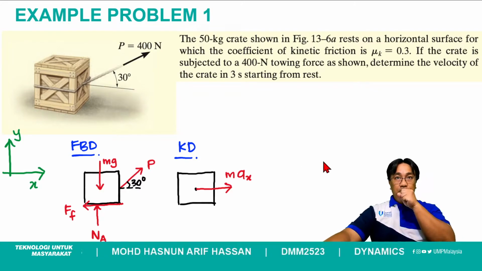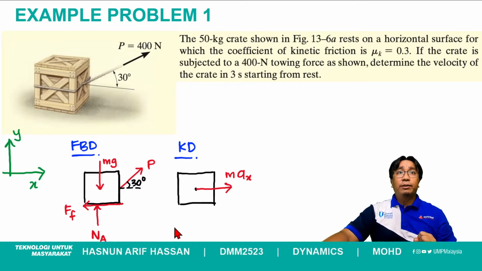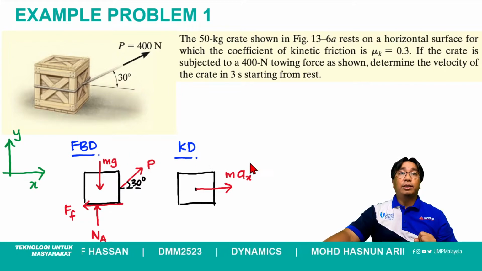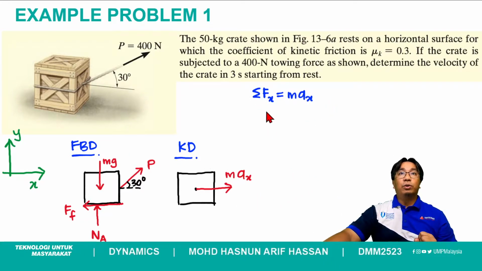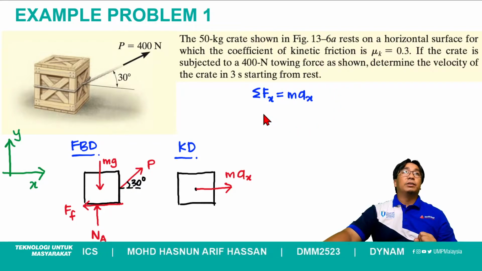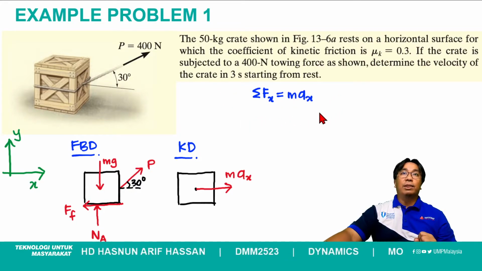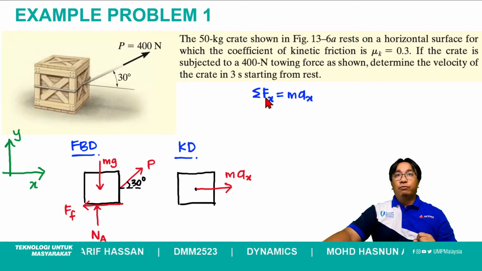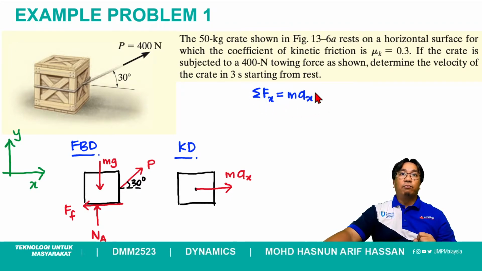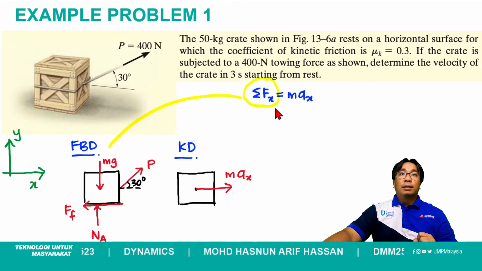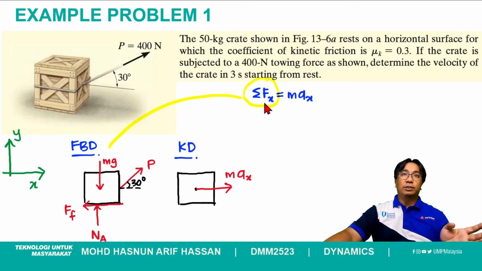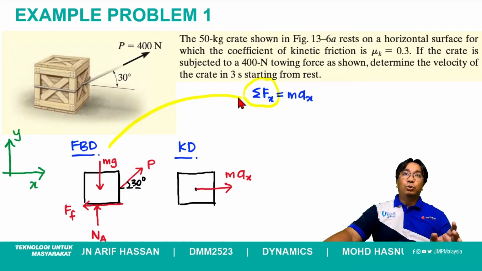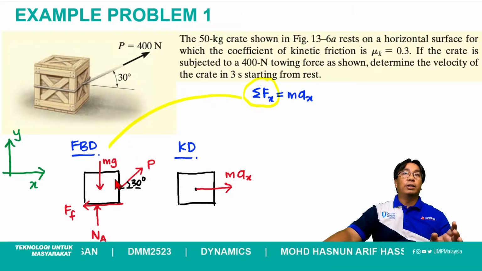Okay? Alright. So when you are done drawing the free body diagram and kinetic diagram, then we can start to apply our equation of motion. And first we start with the x-axis. If you look at this equation of motion, the left-hand side of the equation, Fx, you refer to the free body diagram.